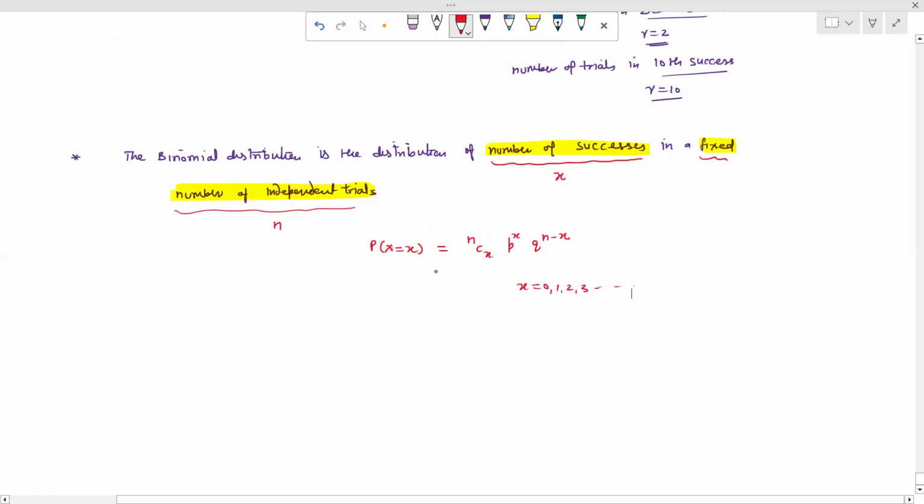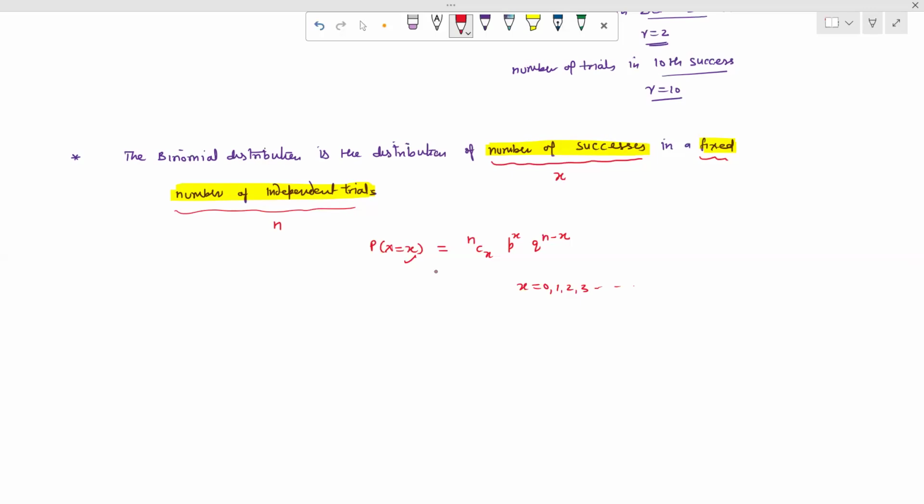Here we calculate the number of successes by putting x equal to 0, 1, 2 successes in a fixed number of trials. So here n is fixed.